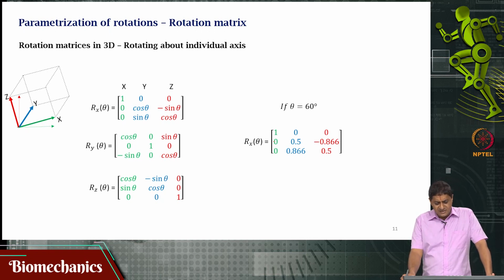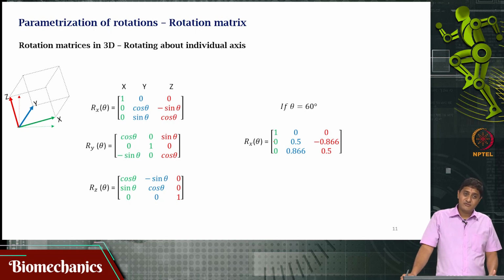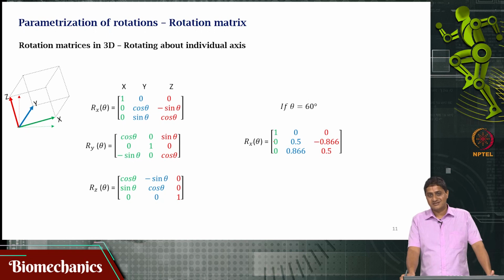Actually, in 3D, I can define these rotations as 3 rotations, Rx about the x axis, Ry happening about the y axis, and Rz, the rotation happening about the z axis, each having its own rotations. If all of them are having the same angle of rotation, by the way, that is not a compulsion. You do not have to rotate by the same angle about all the 3 axes.